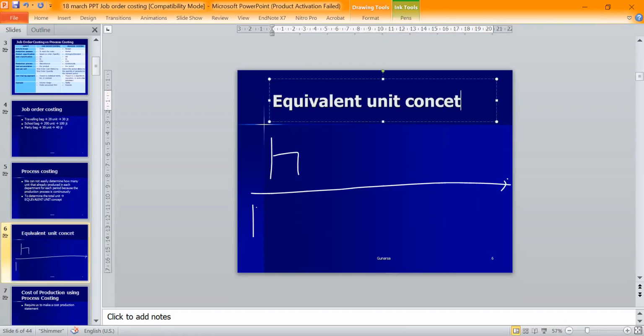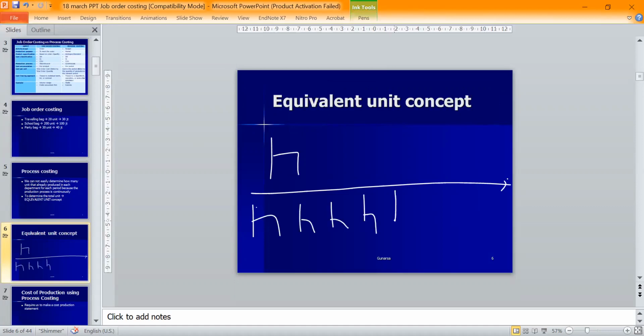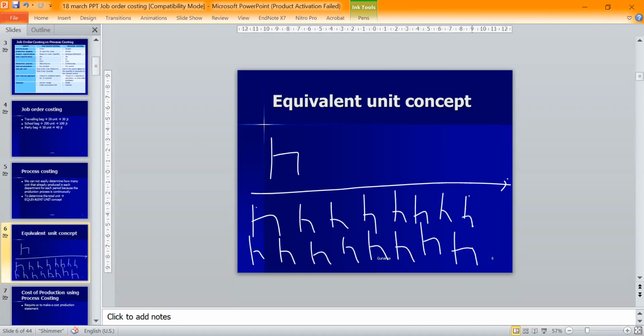So in this period, the company already produced so many chairs, and at the cutoff at the end of the period, the company produced so many chairs, but there are some chairs that are not yet finished 100%.